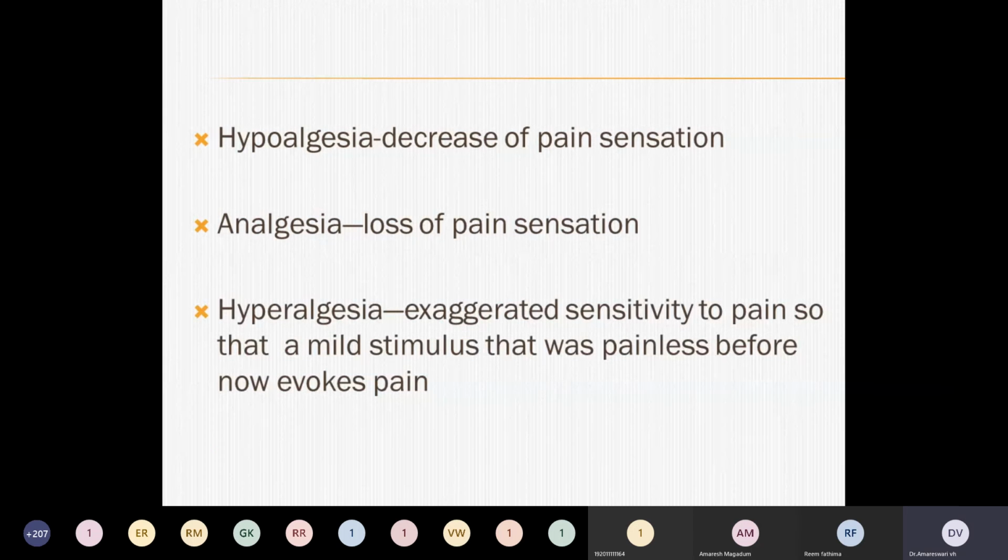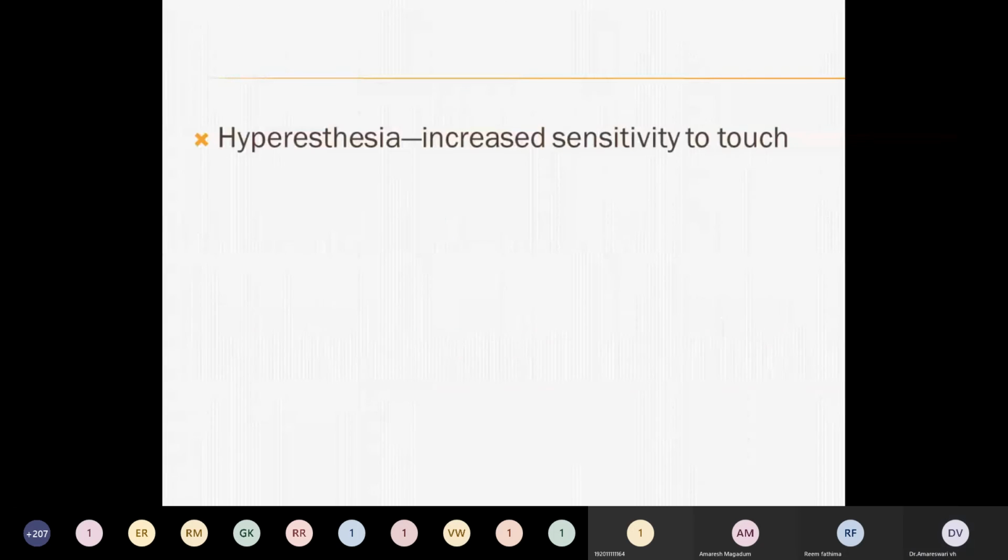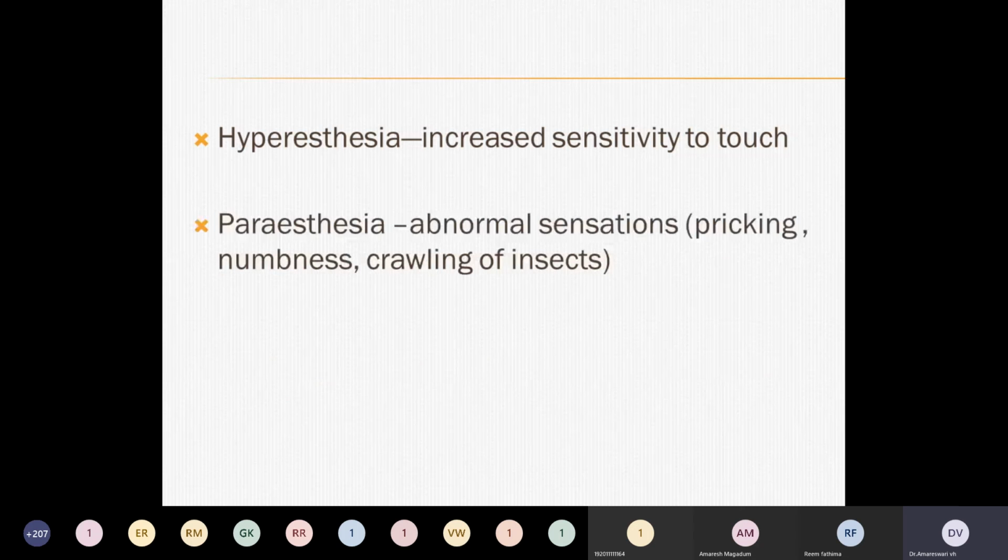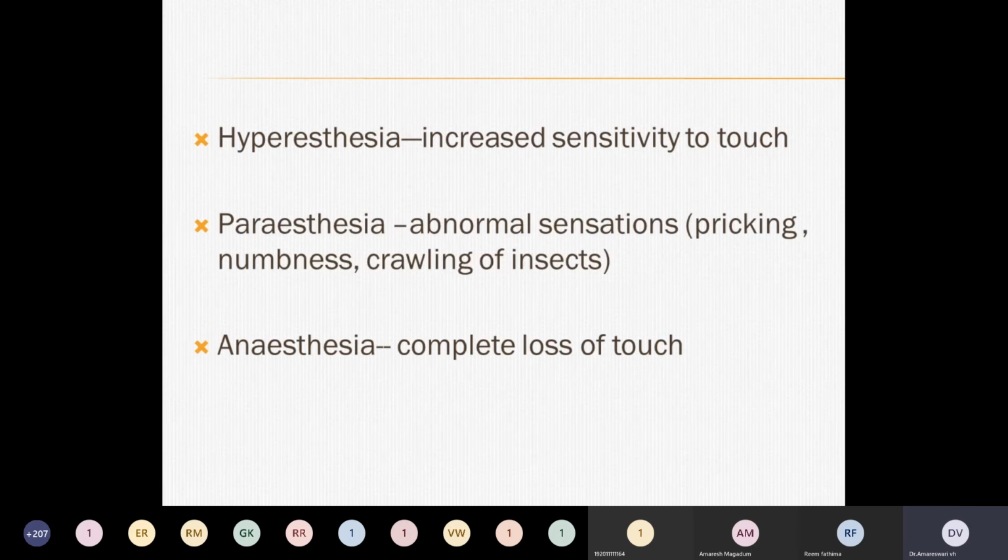Hyperalgesia is exaggerated sensitivity to pain, so that a mild stimulus that was painless before now evokes pain. Hyperesthesia is increased sensitivity to touch. Paresthesia is altered or abnormal sensation like pricking, numbness, crawling of insects. And anesthesia is complete loss of touch.